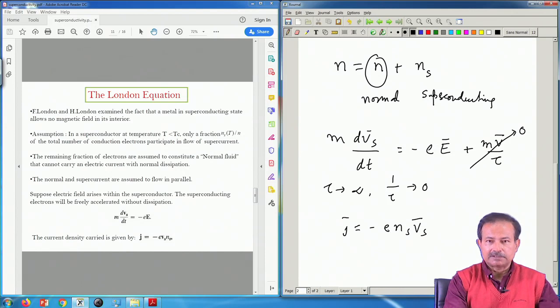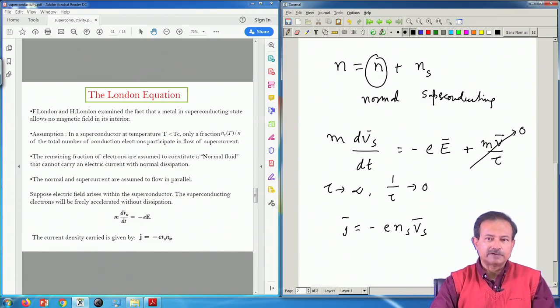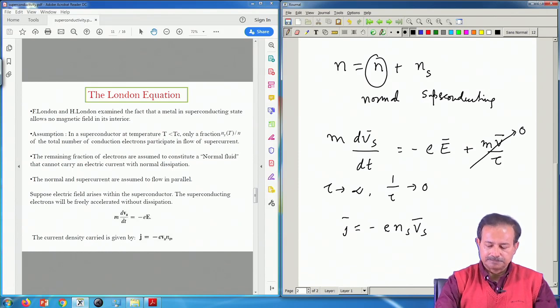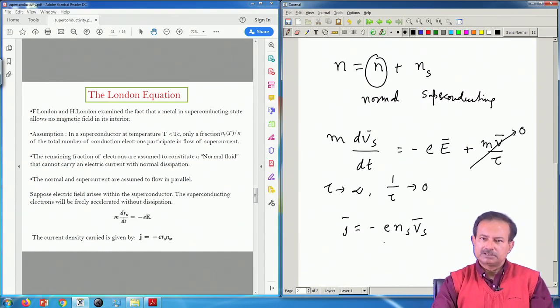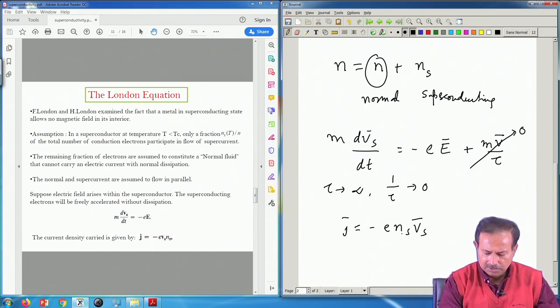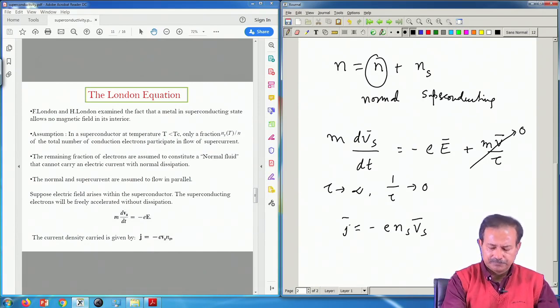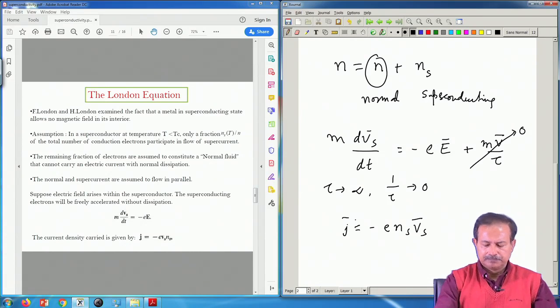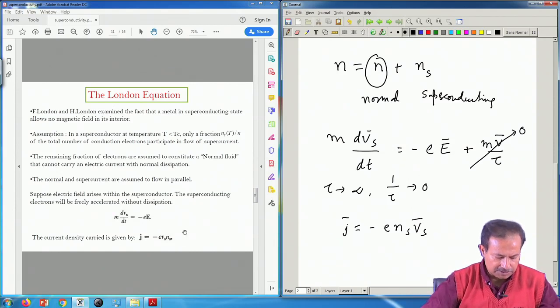Remember that at that time we did not know the value of this e. At that time it was thought to be just the electronic charge, but let us just keep it as it is, because this is the charge of the carriers. So, that is what is being done here.